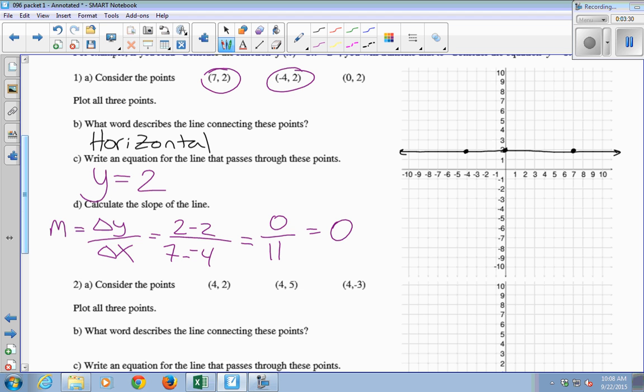You can do it in either order. If I do this one minus this one for the y's, then when I do the x's, I should do this one minus this one. As long as you go consistently, it doesn't matter which one's x1, y1, and which one's x2, y2.